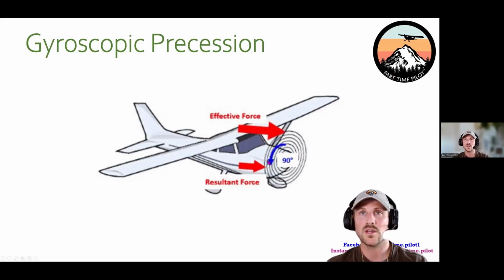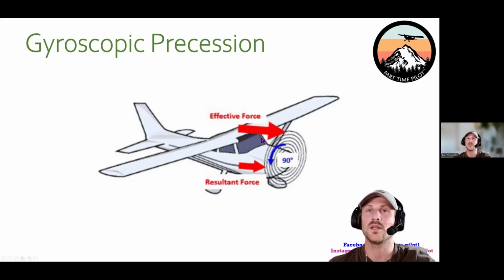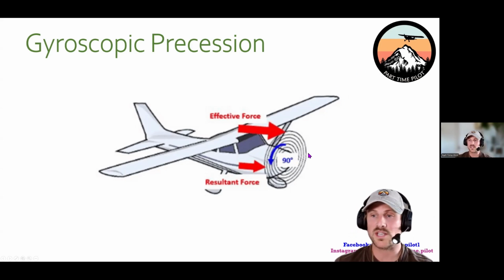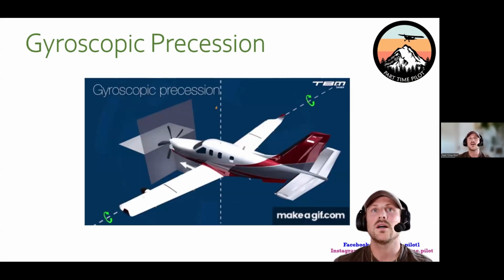So on most American aircraft, the propellers spin this way, which is clockwise if we're looking at it from the cockpit. So a resultant force would be like right here. And so if we add a resultant force here when we're pitching down, it's going to make our aircraft yaw this way to the left. So that gyroscopic precession has an effect on our aircraft.